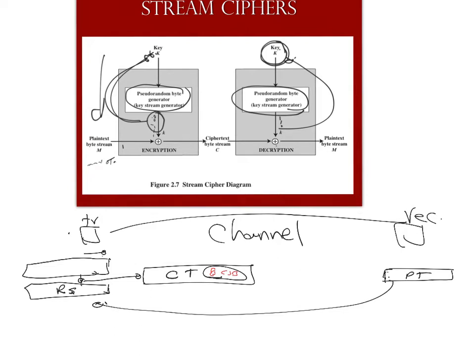Why? Because of the fact that we XOR the same position. The bits are aligned, right? So if there is any error, the error is localized, right? So when you come here, the errors will be affected in the same parts.